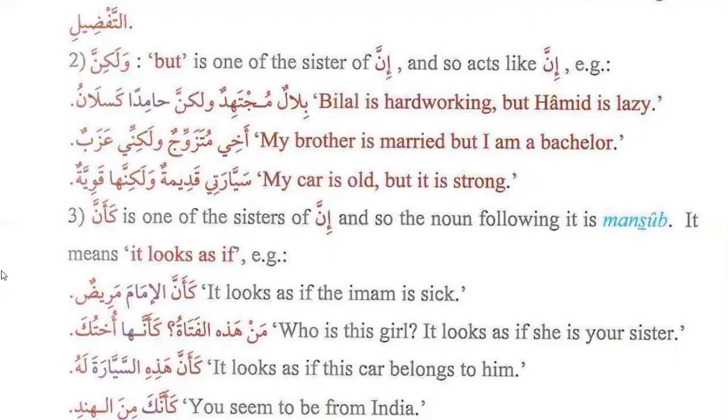It is not comparative degree in Arabic grammar. In English better is used for comparative degree, but in Arabic that word khair is not for comparative degree. But in translation, we say salat is better than sleep, no? Yes, better.